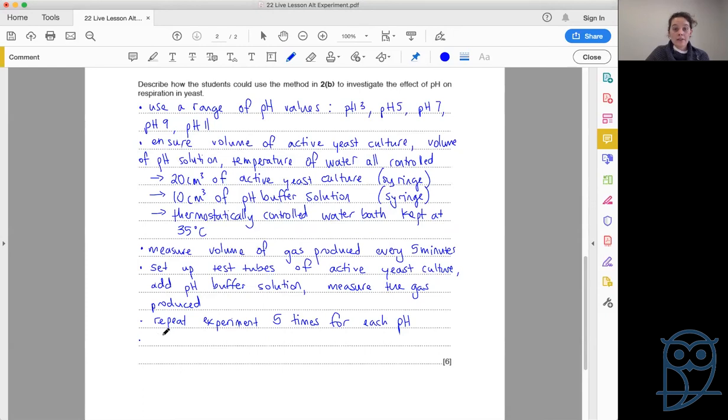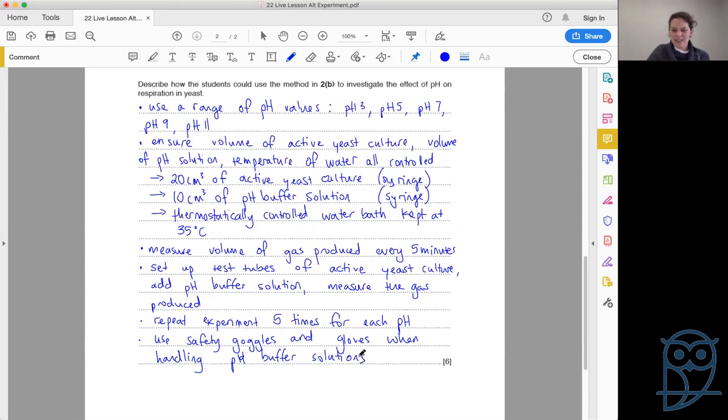And then our safety, we're going to make sure that we use safety goggles and gloves when handling our pH buffer solutions. Because remember, those are going to be acidic and basic there.